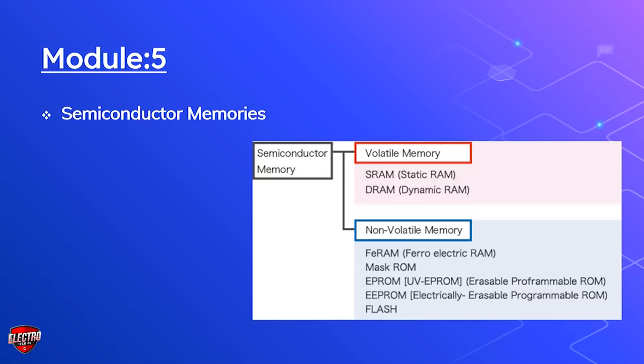Examples of optical storage devices are CD-ROM, CD-R, CD-RW and DVD, etc. There is also volatile memory. This type of memory loses its data once power is cut off, while non-volatile memory retains data even without power.